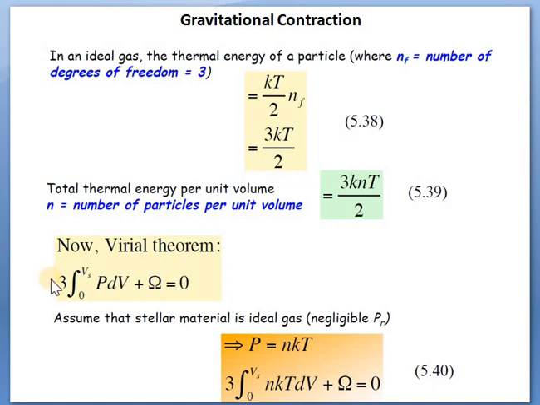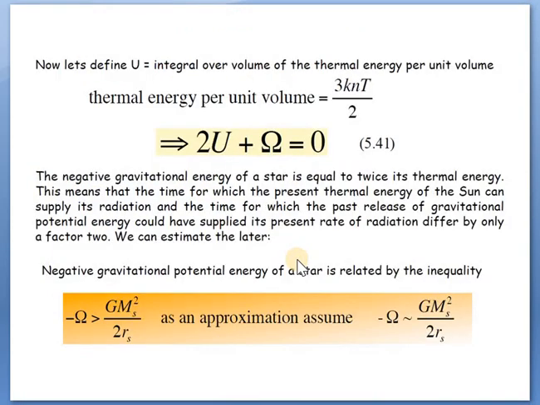But if we just use this basic form of the virial theorem and assume that the stellar material is an ideal gas, then after defining U, which is the integral over the volume of the thermal energy per unit volume, we get this particular expression.